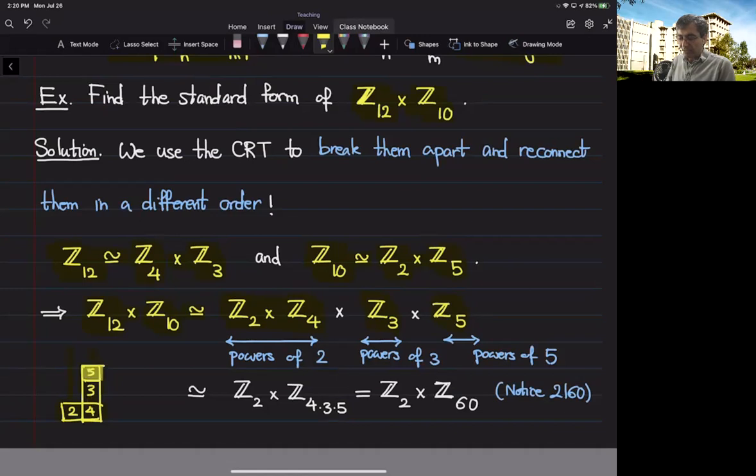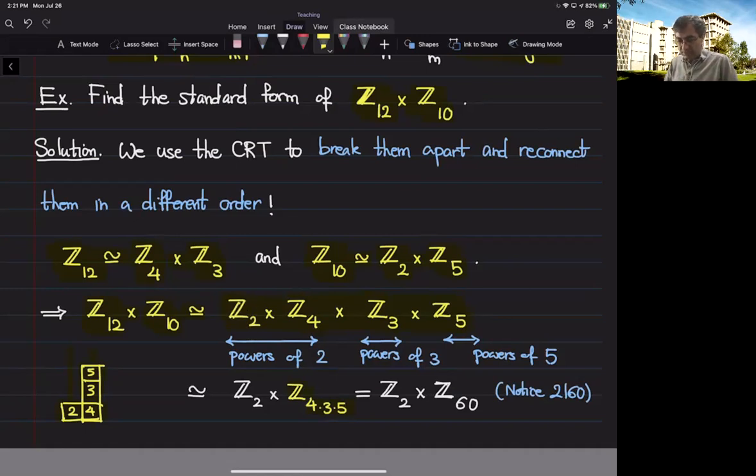If I look at Z sub 5, Cartesian product with Z sub 3, Cartesian product with Z sub 4, now these 4, 3, and 5 are co-prime. So by the Chinese remainder theorem, this Cartesian product, only these 3 terms, is isomorphic to Z sub product of 4, 3, and 5.